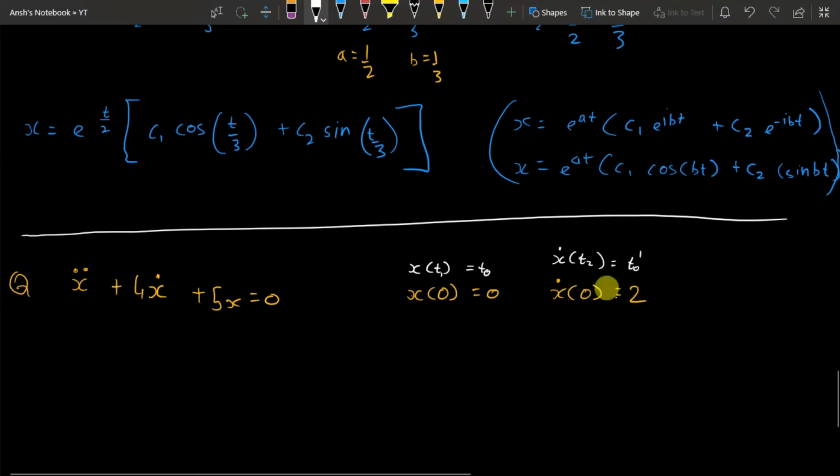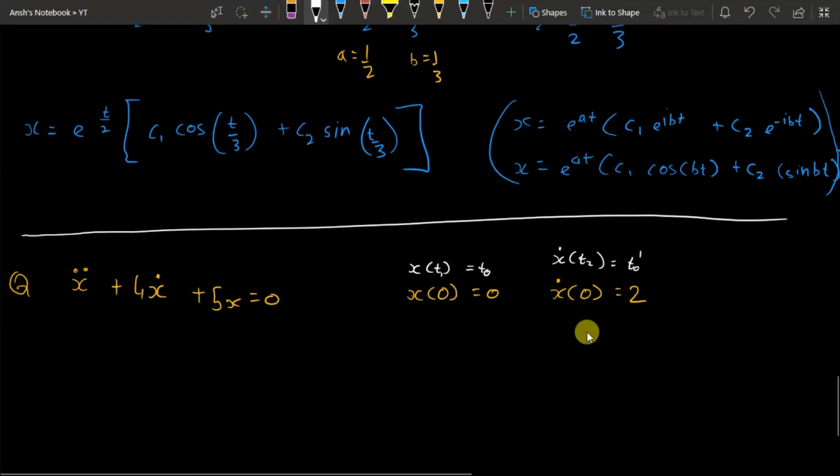What this tells us is whenever we have a second order differential equation, we'll always need two initial conditions to determine the value of two unknown constants, say c1 and c2. Whenever we are given the initial conditions, they'll be of this form. We'll be given the value of x at some time and the value of x dot at some time, and that will help us in determining c1 and c2. And we'll see how to do that now.